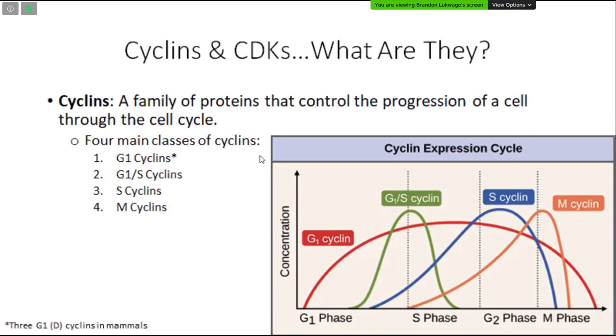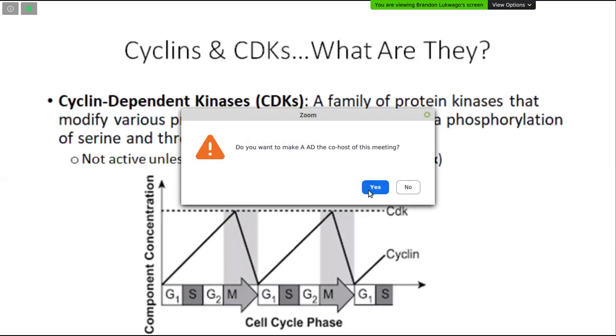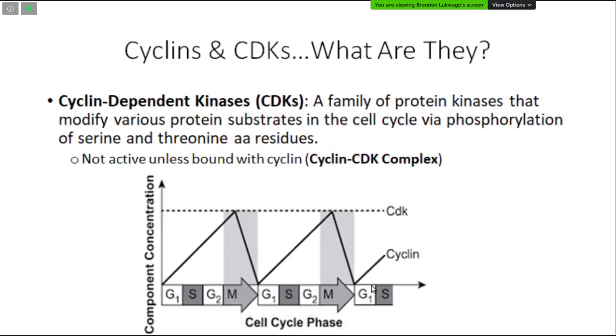So, what are CDKs? CDKs are cyclin-dependent kinases. They're a group of protein kinases that modify different protein substrates throughout the cell cycle. These are the actual activators of the events that take place, such as dividing the DNA, splitting the cell, things like that.